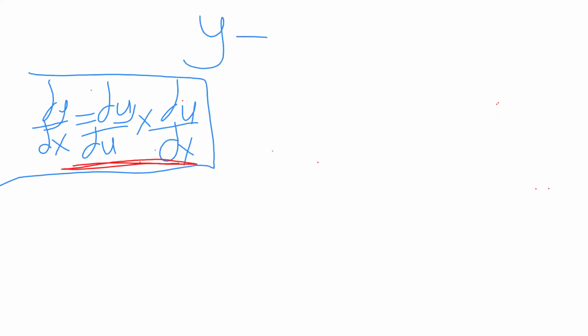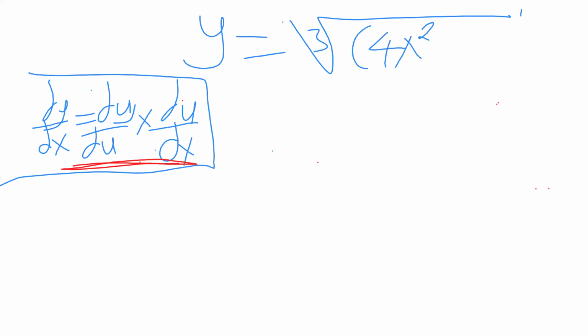The question is y is equal to the third root of 4x squared plus 5x. How do we go about this one? Anyone with an idea? What would we do?